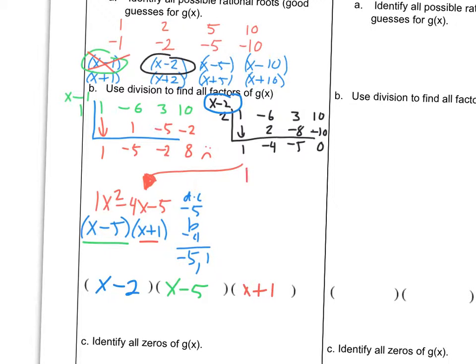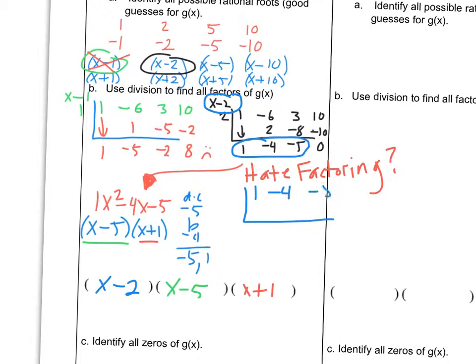If you hate factoring, there's an alternative way to do this. And that's taking the values that we have here and starting dividing using those. So 1, negative 4, and negative 5. Based on our new last number is negative 5, the only numbers to try would be 1 and 5. We already tried x minus 1, that didn't work.